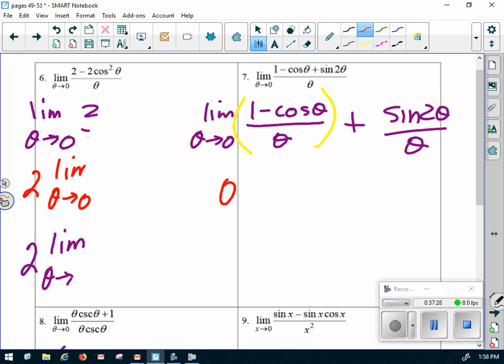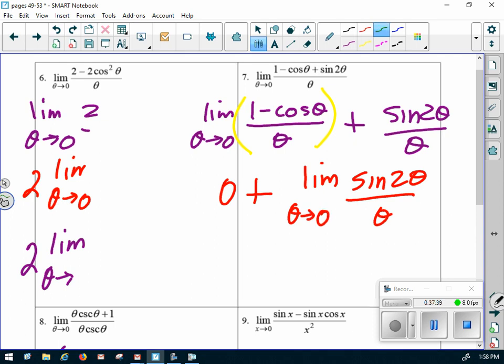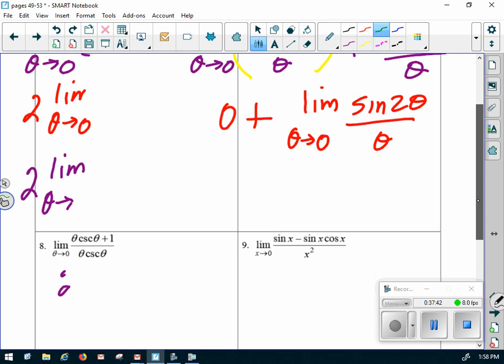That's 0 plus the limit of sine of 2 theta over theta as theta approaches 0. What do you see there? I need a 2, which means I need a 2 in the numerator, which means it's coming out. So this is 0 plus 2 times, what's the limit of sine 2 theta over 2 theta as theta approaches 0?